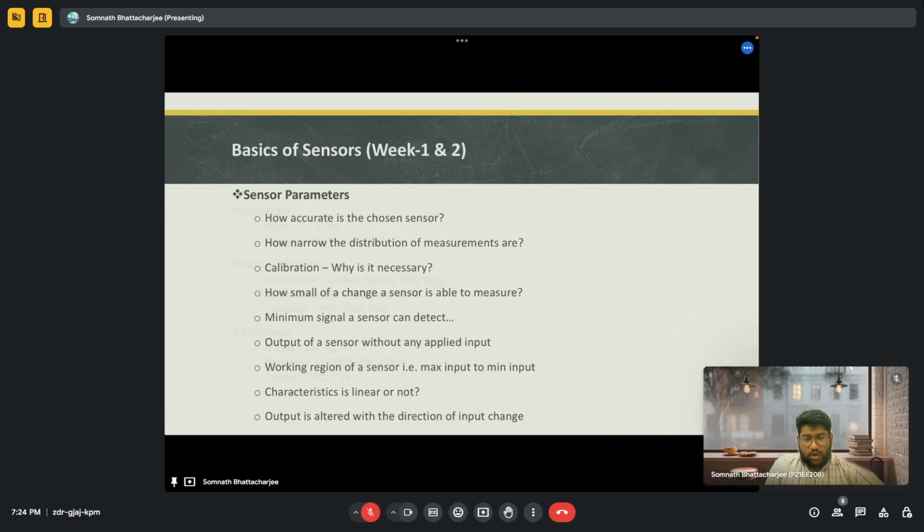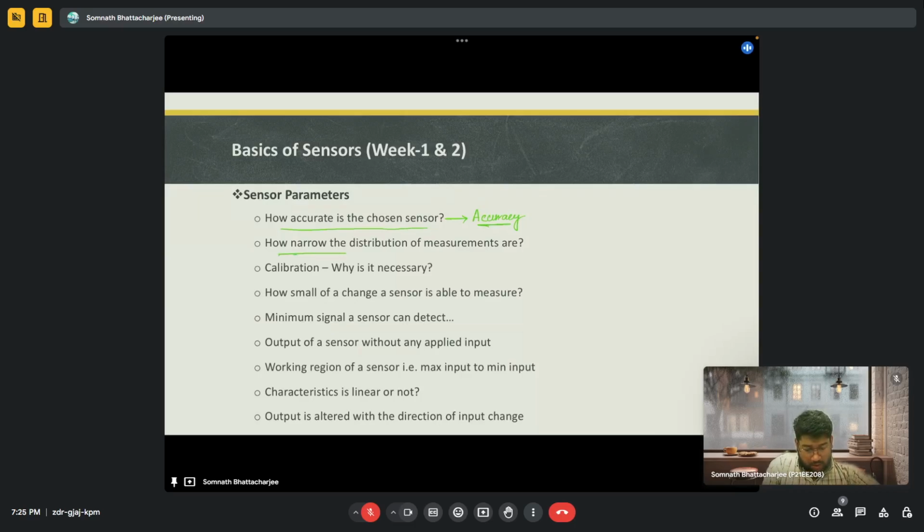The first question that will arise in your mind is how accurate the sensor is, whether it is accurate enough for your use case or not. That is called the accuracy of your sensor. Accuracy is one of the most important parameters you have to look out for in a sensor.